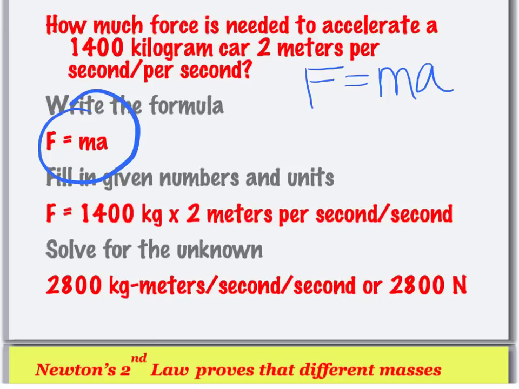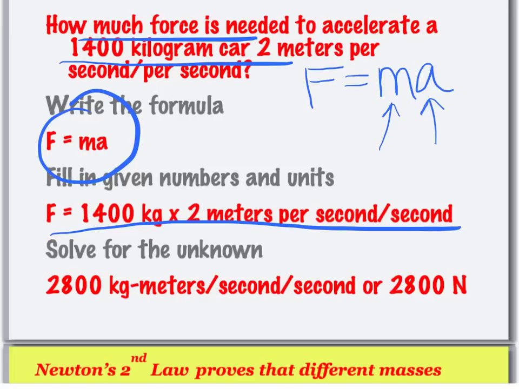So if we have a problem that says how much force is needed to accelerate a 1,400 kilogram car at 2 meters per second squared, you basically just fill in the numbers and the units and you solve for F. So if we fill in the mass here, the acceleration here, like they've done right here, 1,400 times 2, it takes 2,800 newtons to push a 1,400 kilogram car at 2 meters per second per second.